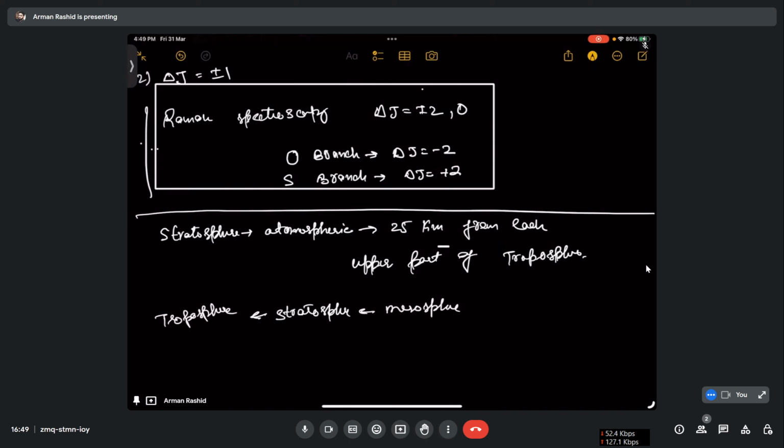What is more important in the stratosphere is that it contains the ozone layer. That ozone protects the earth's environment from harmful UV radiation. Ozone, O3, is an allotropic form of oxygen.